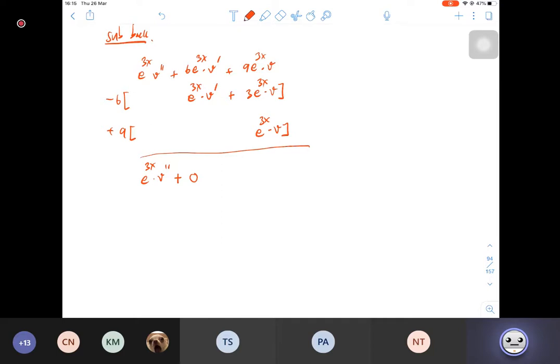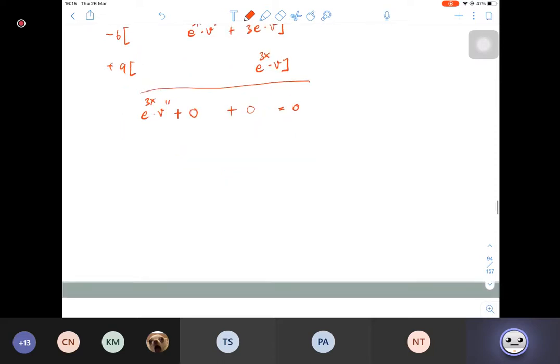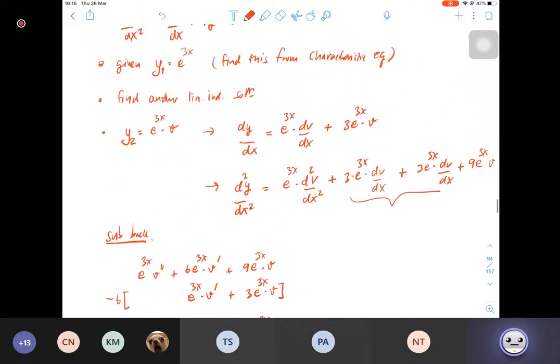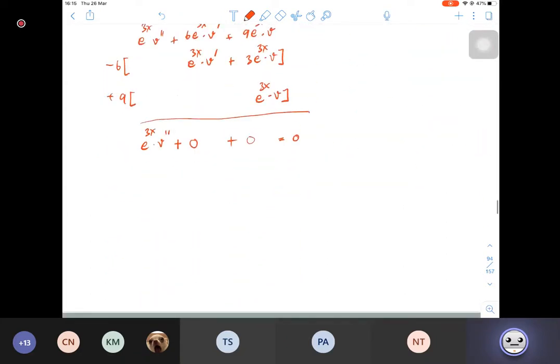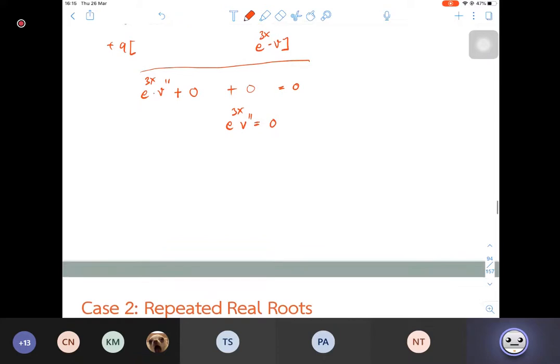And then the last term here you have 9, and you have minus 18. You have plus 9. So again, seems like you have a 0. Then you have the right hand side is equal to 0, right? This one. Okay, so now we have e to the power of 3x v double prime equal to 0.